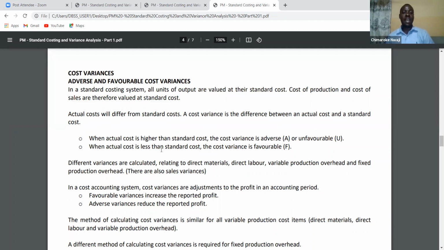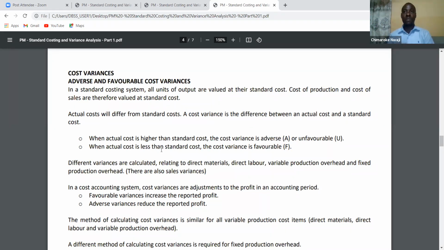In a cost accounting system, cost variances are adjustments to the profit in an accounting period. And so it means that whenever you have favorable variances, if you add your favorable variances to your profits, they will increase the profits.